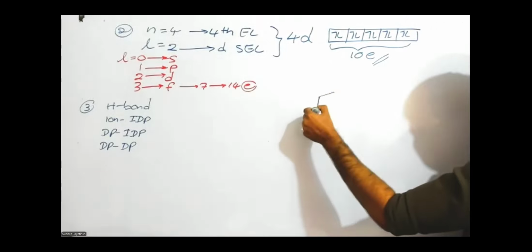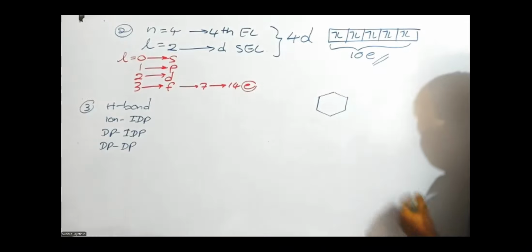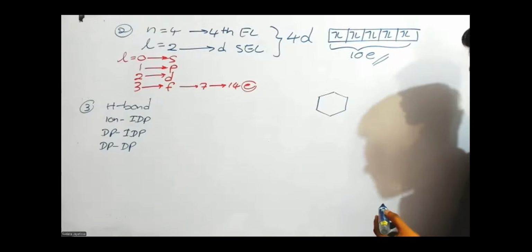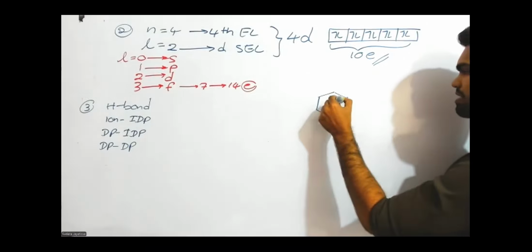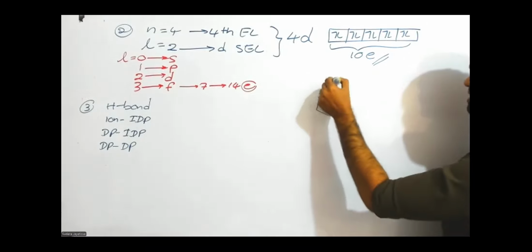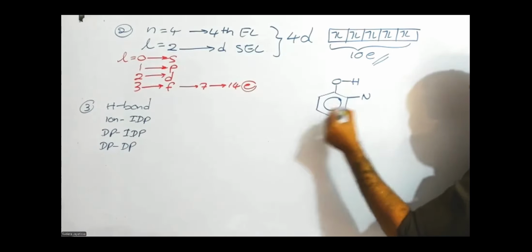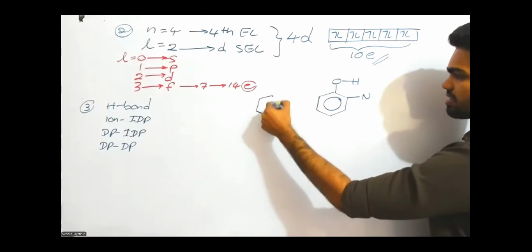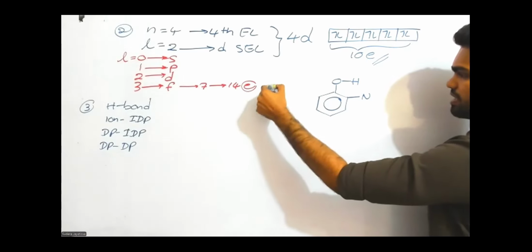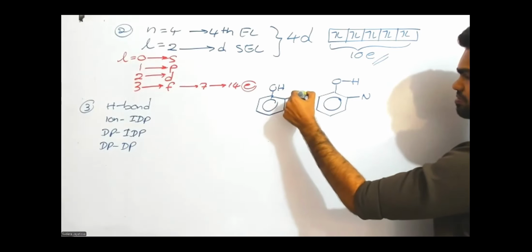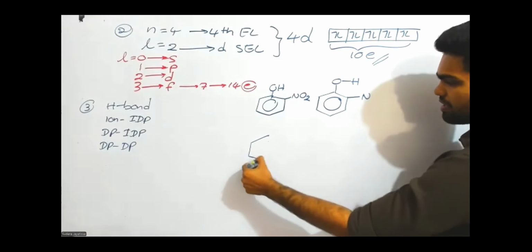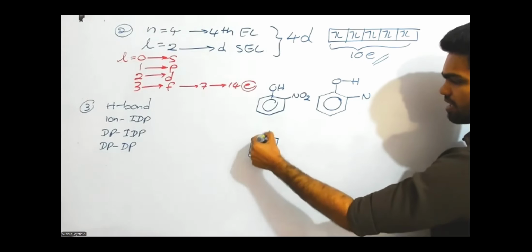So orthonitrophenol, this was there in your bonding unit. Refer to the hydrogen bonding part, you will find it. Orthonitrophenol means you have the phenol part here. Orthonitrophenol means this one. So basically, orthonitrophenol is this structure. And paranitrophenol is this one, with the nitro group in the para position.